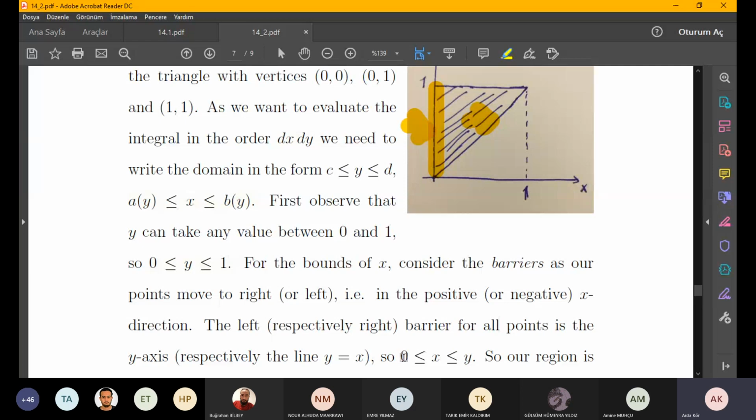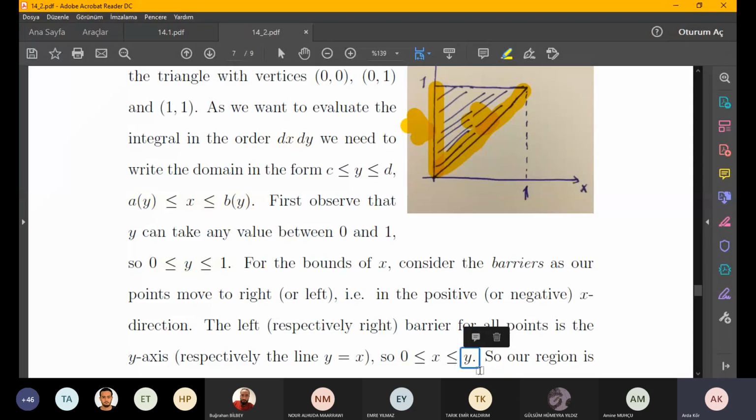So that is why the lower limit for the integration with respect to x has to be 0. Then the upper limit has to be this line, y equals x, which has to be written as x equals y. So the upper limit of integration with respect to x has to be y.